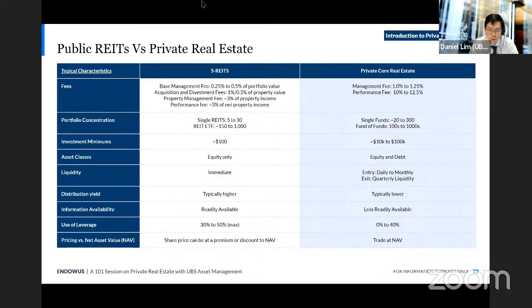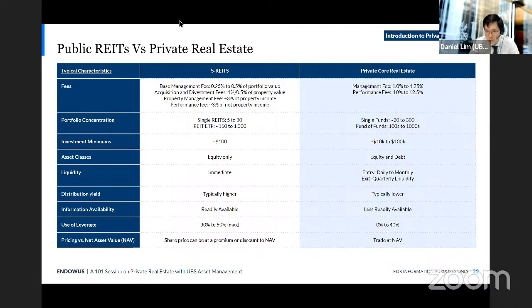Typically it takes 2 to 3 quarters to have your capital drawn, and the ability to redeem and get your money back is also on a quarterly basis. But again, it can take, call it, 2, 3 quarters or more, depending on the fund. So that is one key major difference between REITs and core private funds.